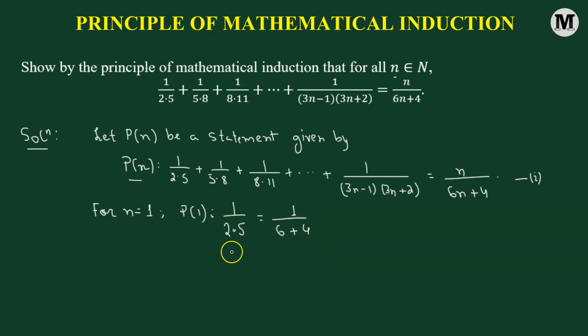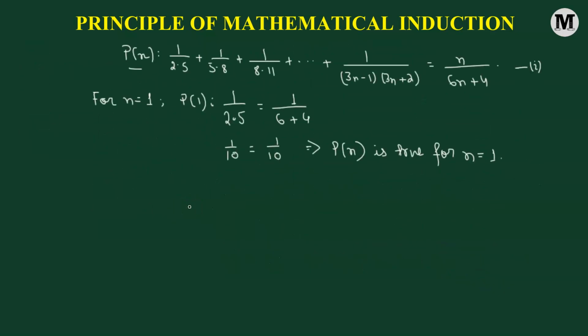Now 1 over 2 times 5 is 1 over 10. The right side is 1 over 6 plus 4, which also gives us 10, which means we are getting 1 over 10 equals 1 over 10. And this tells us that the statement P of n is true for n equal to 1. So we have successfully verified that for n equals 1, the statement P of n is true.